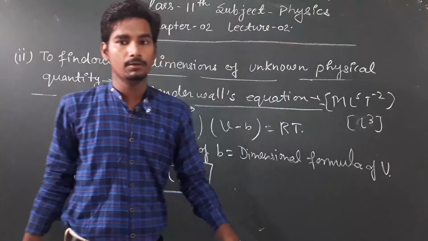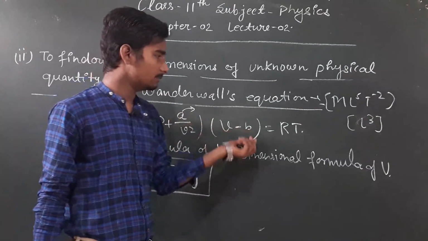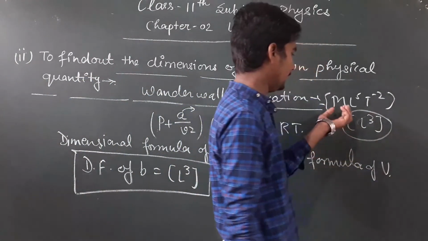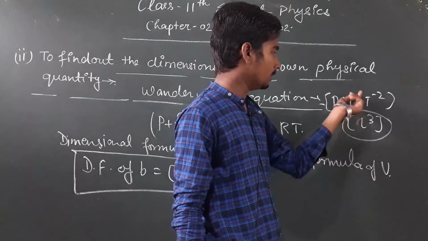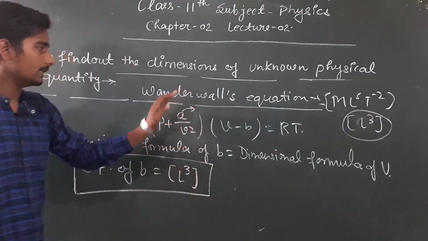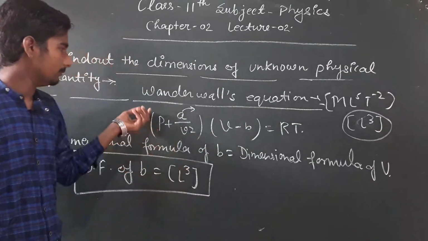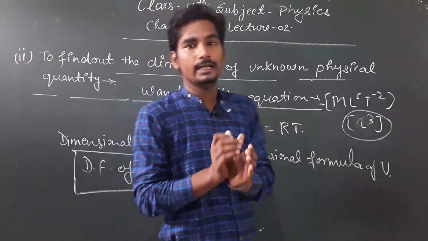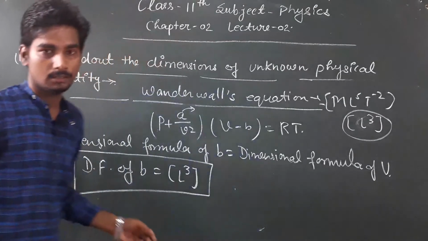And if we talk about the units, the unit of small b will be meter cube, and the unit of small a will be kilogram meter to the power 5 second to the power minus 2. These corrections were made in the van der Waals equation to justify how gases behave in the natural way. Did you get it?